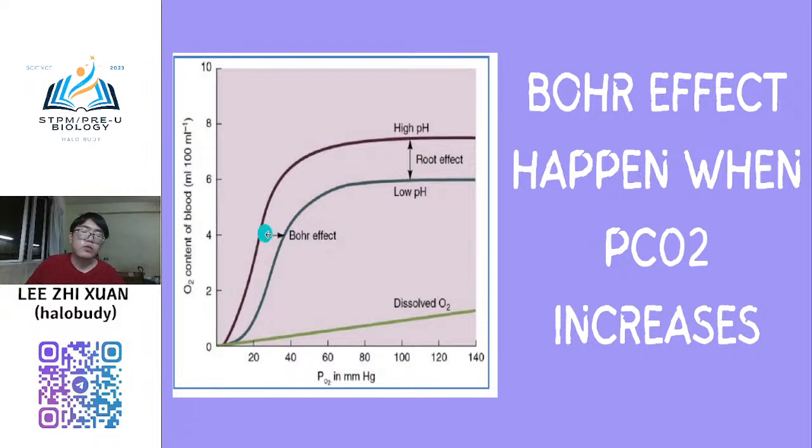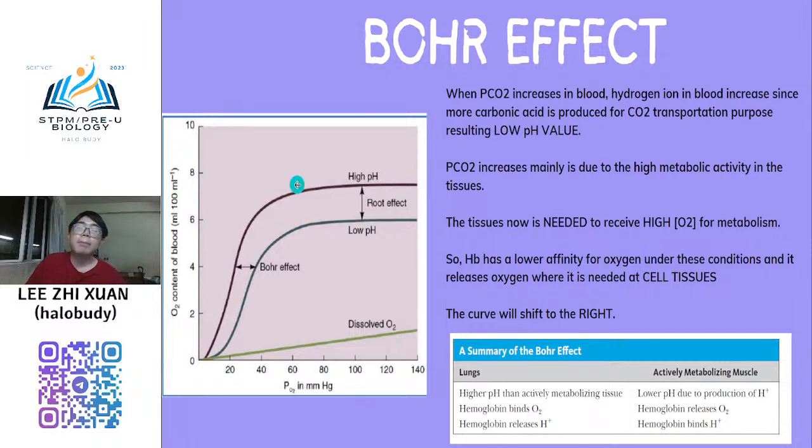So when your partial pressure of carbon dioxide increases, your hydrogen ion in the blood will also increase, since more carbonic acid is produced, and then finally it will dissociate into bicarbonate ion and hydrogen ion. So your hydrogen ion will also increase in your cell tissue part.